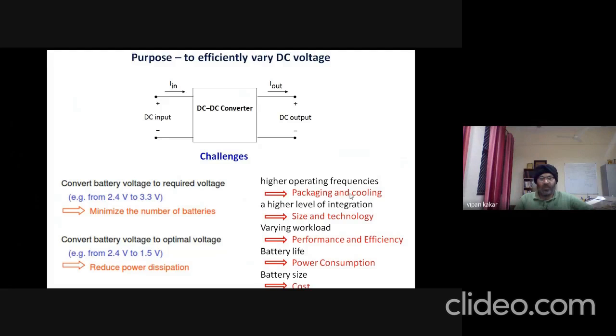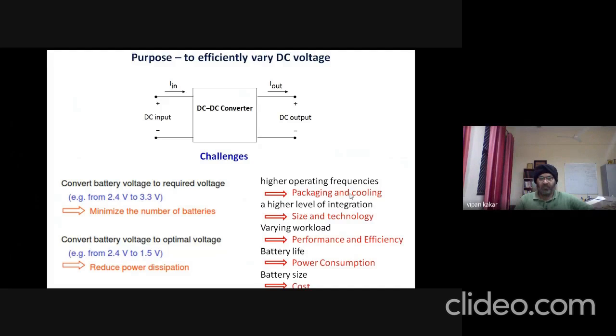So then there's the challenge. So these are the challenges. So how to accept this challenge and get rid of this? One is to just buy different batteries, different voltage levels, and then start connecting these batteries to run all these different sub-circuits which require different voltage levels.